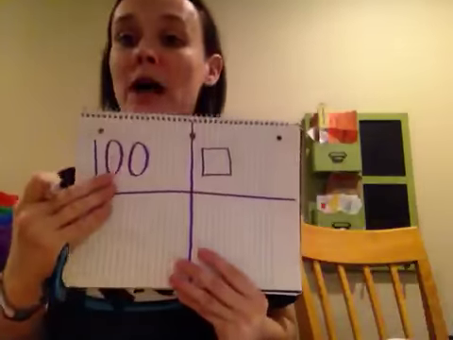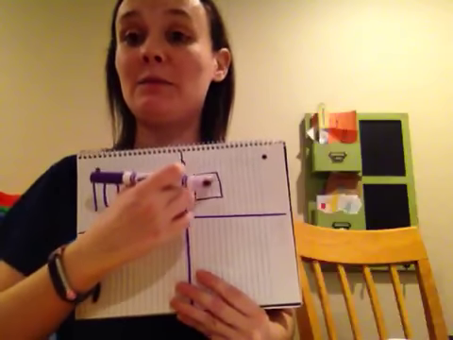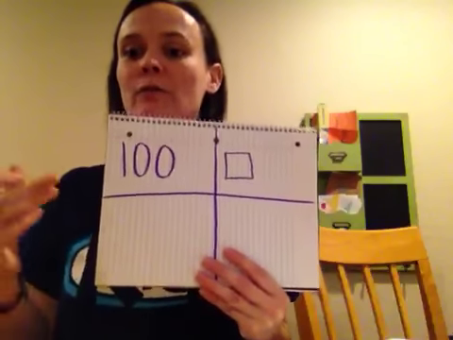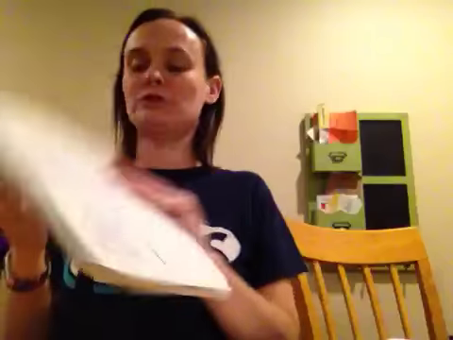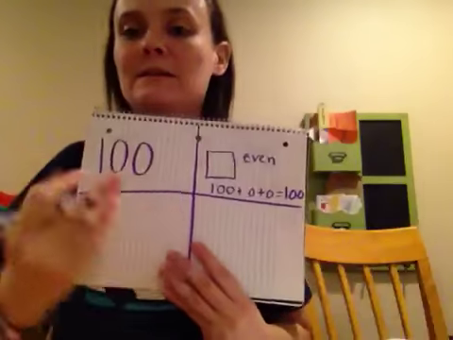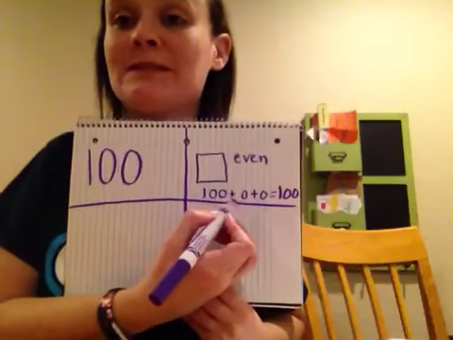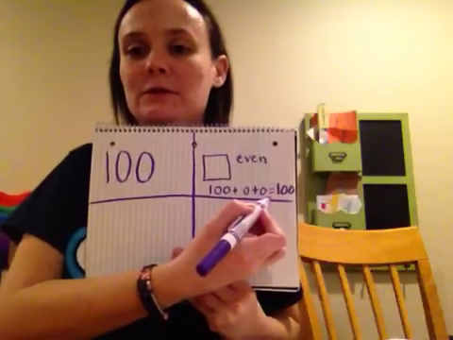This is a 100 block, and it's made up of 10 tens or 100 ones, but you can use 100. And then the expanded form would be 100 plus 0 plus 0 equals 100.